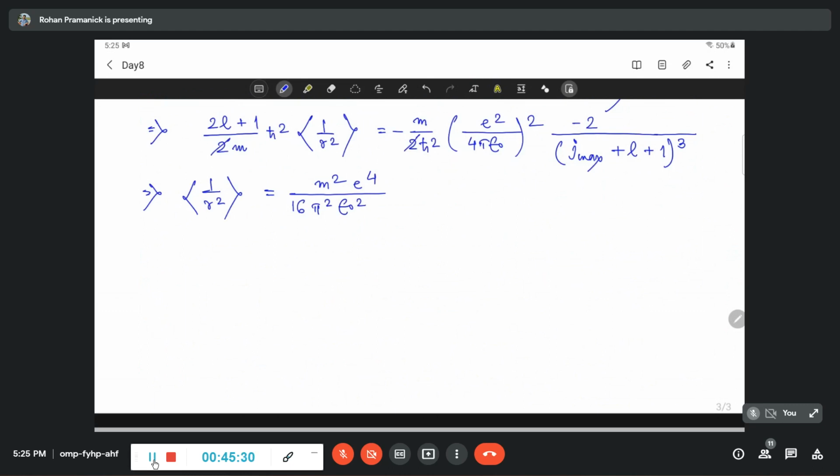There is a 2 over here. So let's write this as 2. And there is an h cut squared. Okay. And then this is, sorry, h cut square, and there is another h cut square coming from this side. So this is h cut to the power 4, right?